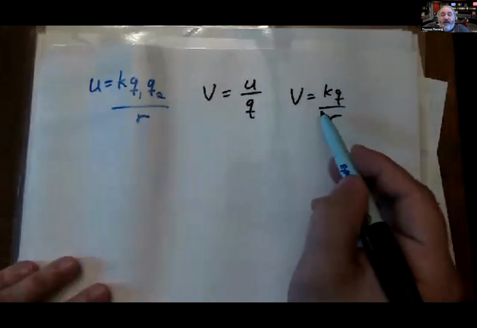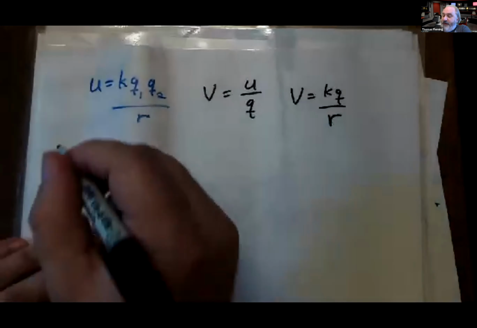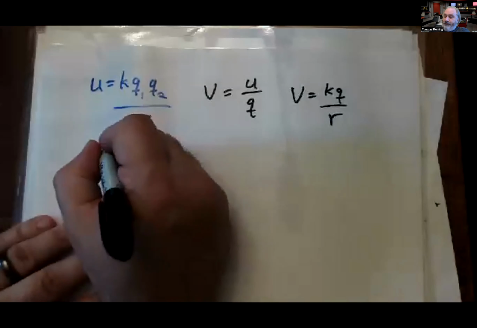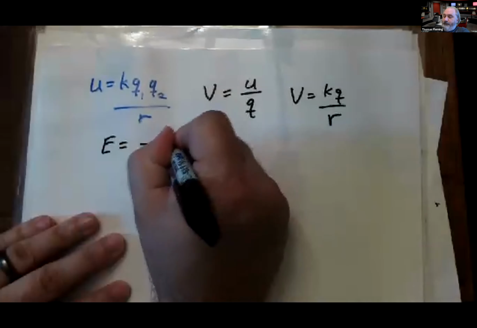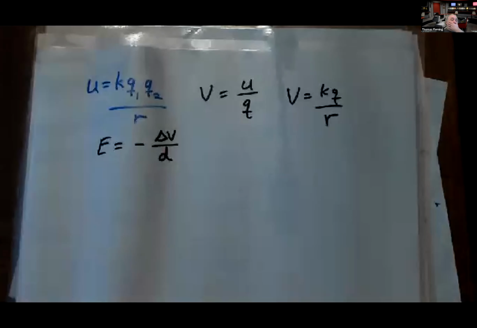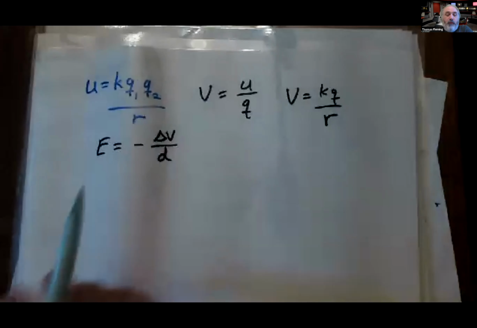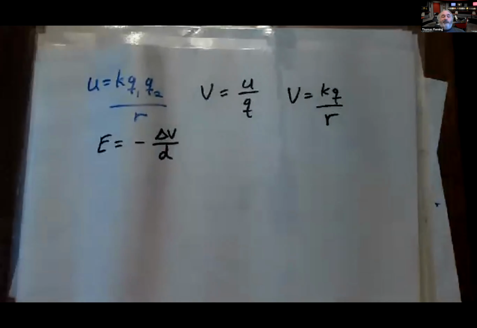This is the electric potential. It's measured in volts. And the last thing we did the other day is we found that the electric field is related to the electric potential by this.